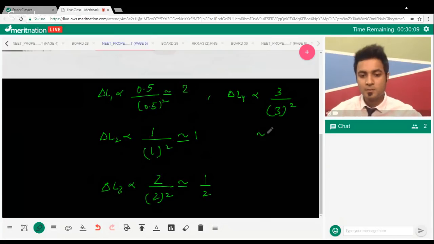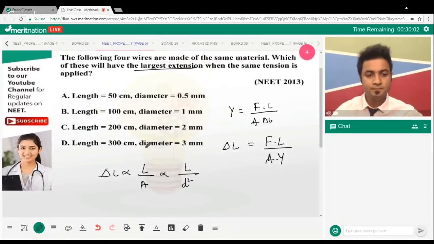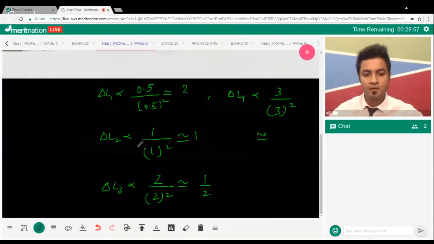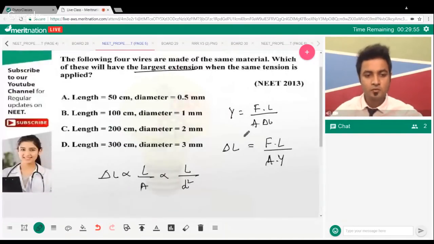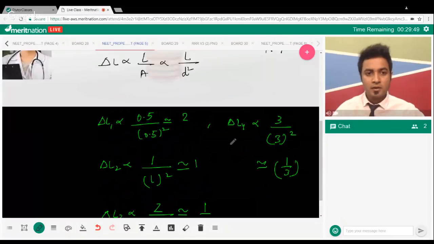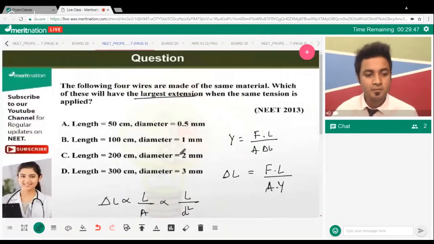And here it is coming out to be 1 by 2, right? Here it is coming out to be 3 diameter, so 1 by 3. Right, so what you can see here, the extension produced is the same extension.